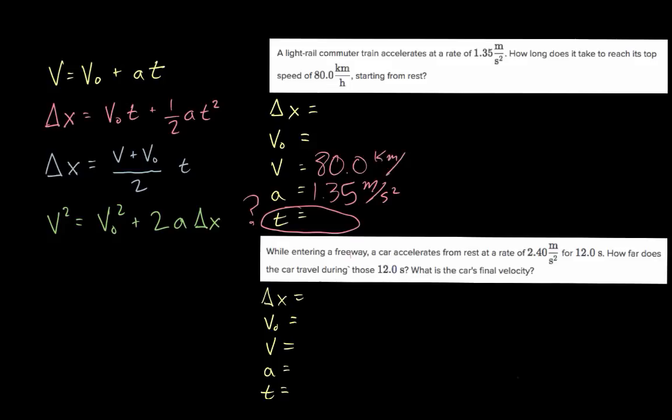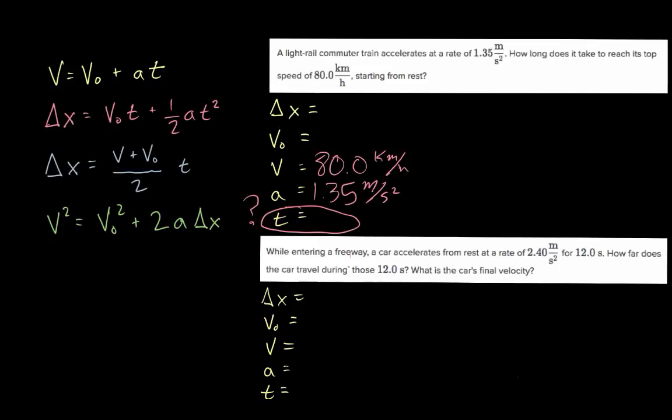And sometimes you'll see this written as v sub f to really explicitly say it's the final velocity. So the notation might vary in your physics class, but whatever notation you use, that's fine. But make sure to ask yourself, what is this symbol really talking about? So anyway, 80 kilometers per hour. Okay, and so we have that.